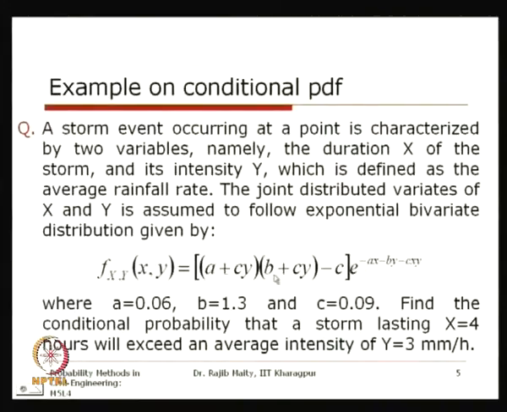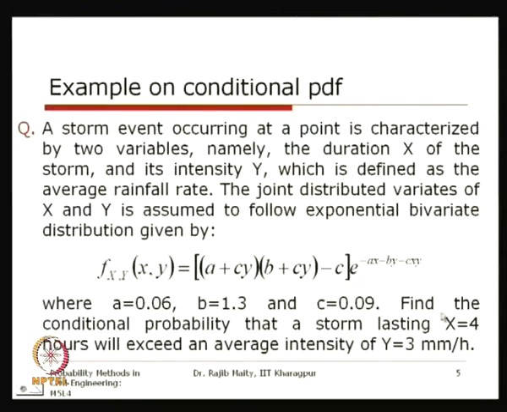This a, b, c are different constants that generally depend on the specific location and have to be determined. Here it is supplied that a equals 0.06, b equals 1.3 and c equals 0.09. With these values of the constants, our joint distribution is completely defined.